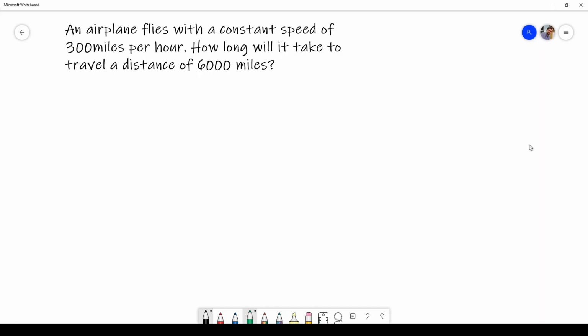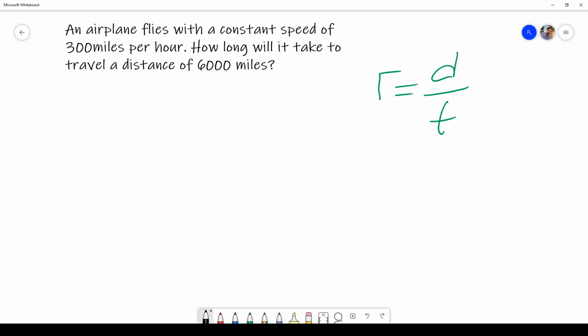So, taking what we know that the rate equals distance over time, let's read this question. An airplane flies with a constant speed of 300 miles per hour. How long will it take to travel a distance of 6,000 miles?